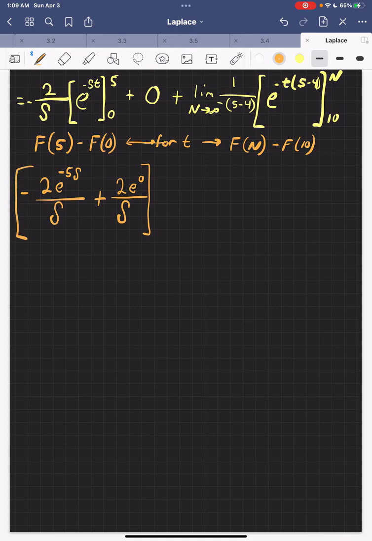All right. Plus, we haven't done the limit yet. Let's go ahead and do this. So now we're going to be plugging in here for t.